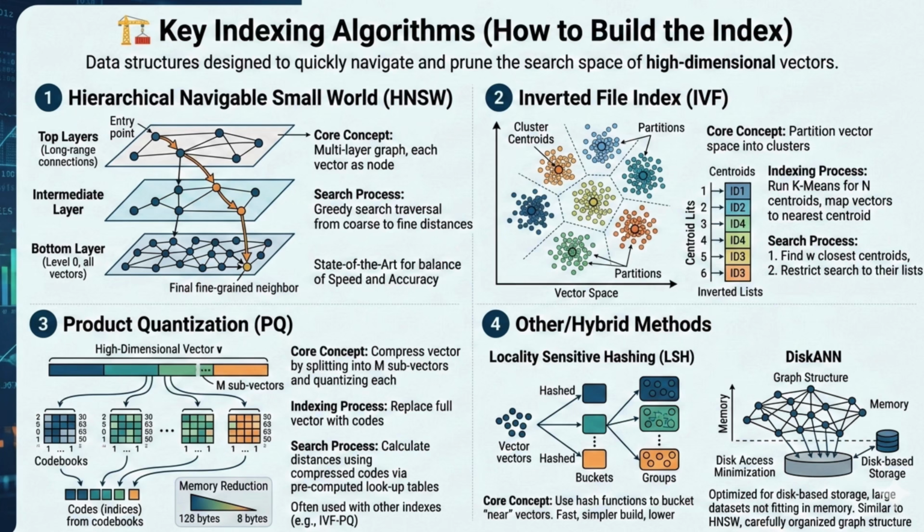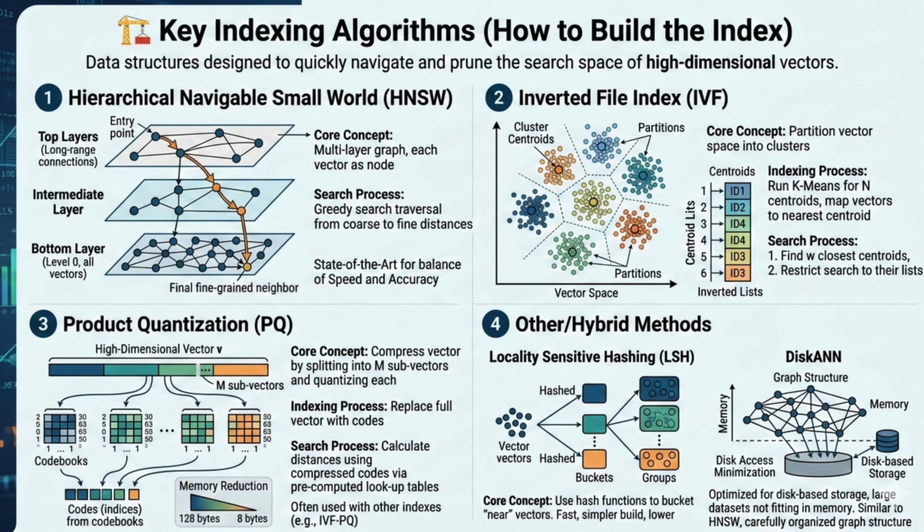Then let's talk about product quantization, also known as PQ. So PQ is a technique primarily used for vector compression to reduce the index's memory footprint and speed up distance calculations. It is often used in conjunction with other indexes like IVF. So a high-dimensional vector V is split into m smaller subvectors.